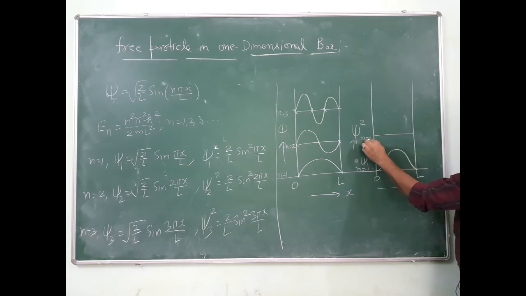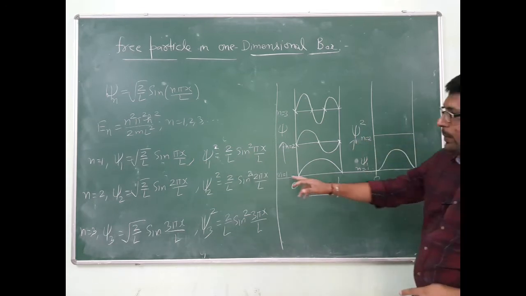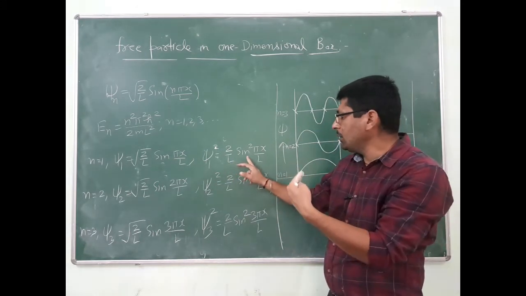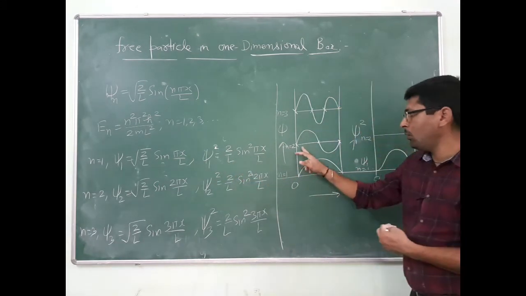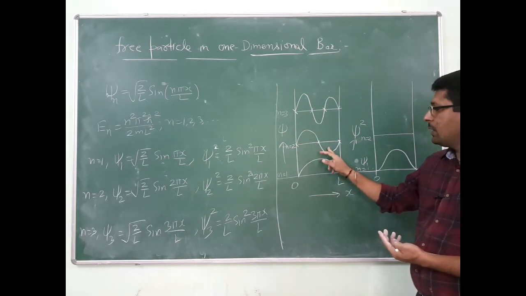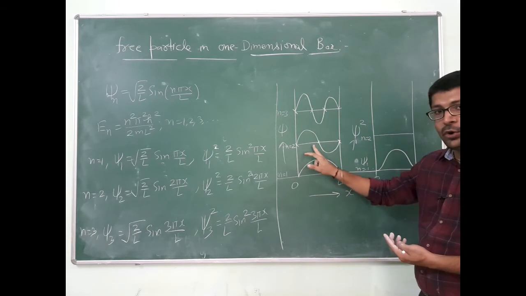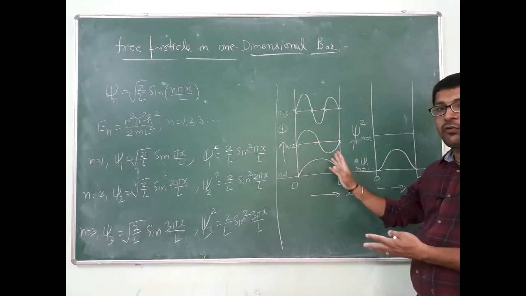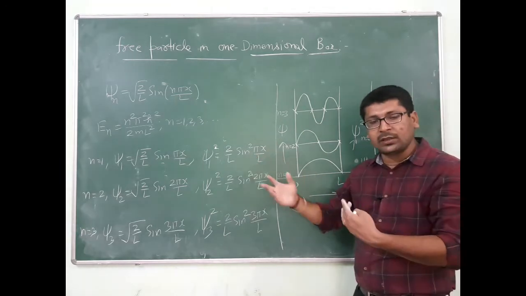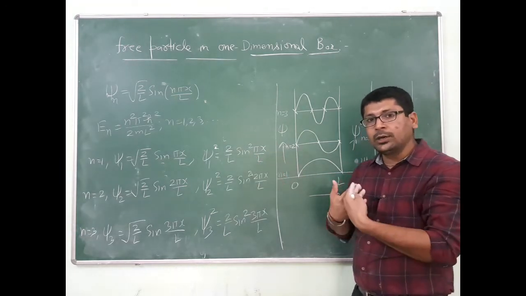This is for n equals 2, because for the probability function we have the square of the function. As we know, sine can have positive or negative values. Between 0 and pi it is positive, and from pi to 2 pi it is negative. But when we square the function, all these values become positive.